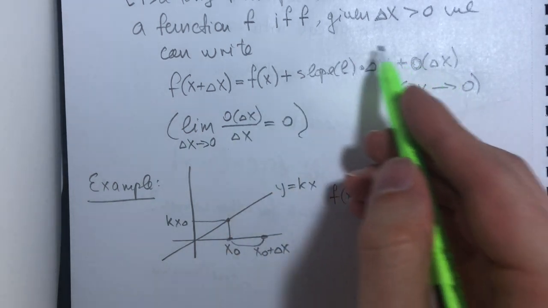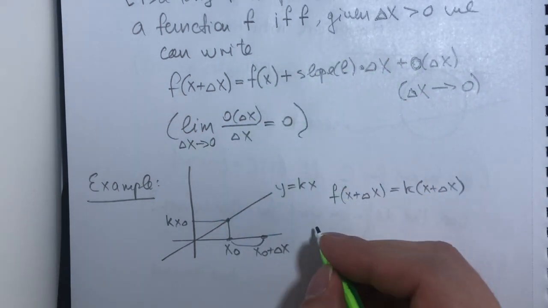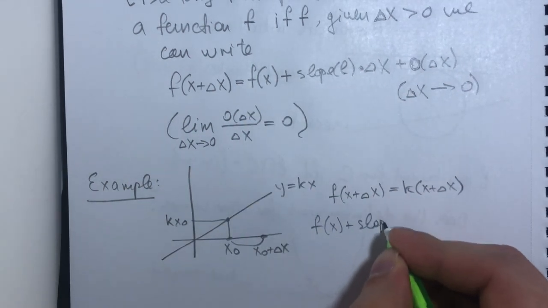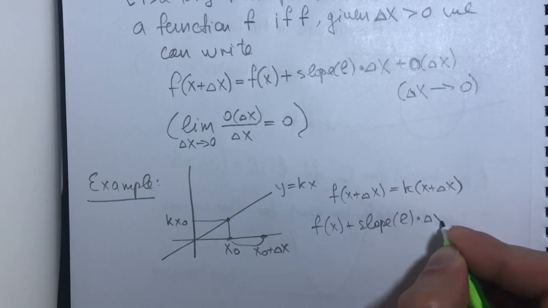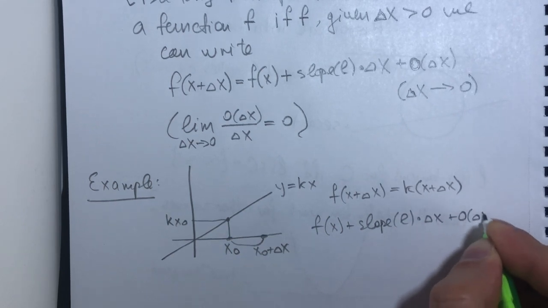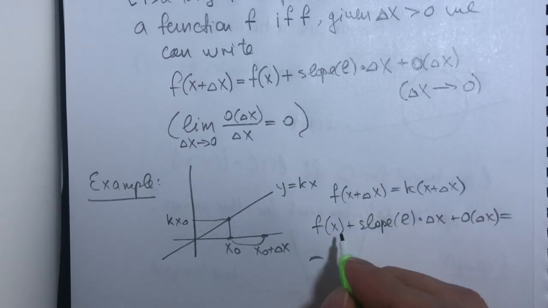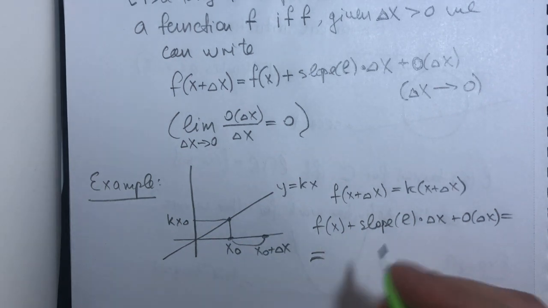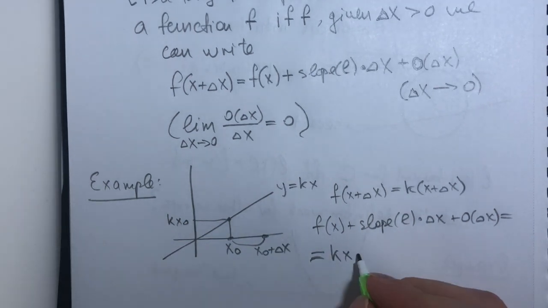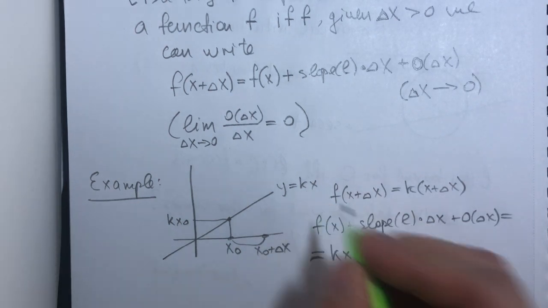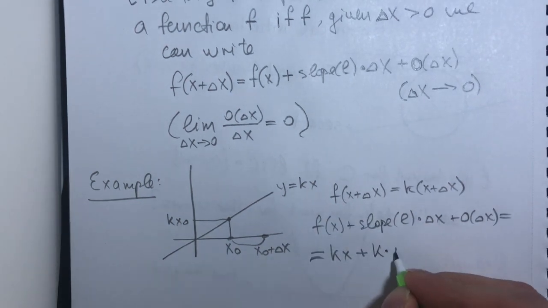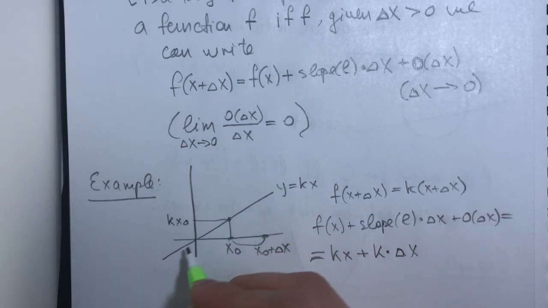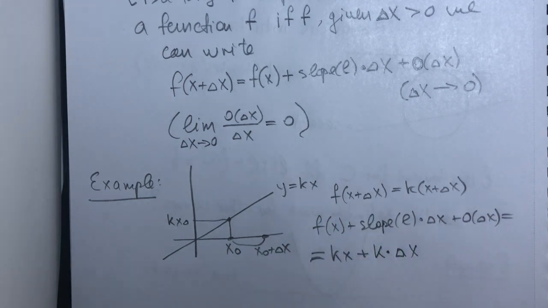So does it satisfy this definition? So let us rewrite this. f of x plus slope of L times delta x plus O little of delta x. So this is our general expression, but in terms of this specific function, f of x is kx, the slope is just k times delta x. So notice how the tangent to a straight line is just itself, right?